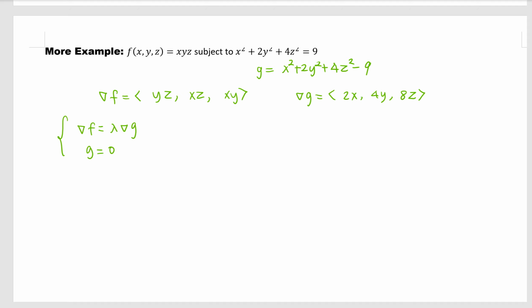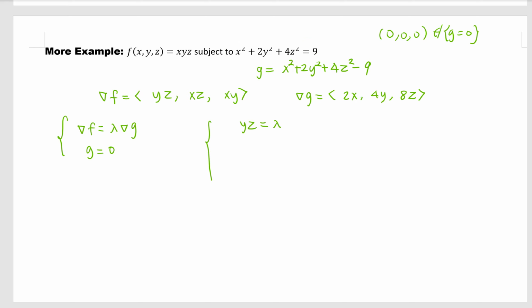Last time we talked about how if the gradient of G is 0, we could have singularities, but you can see here the gradient of G is only 0 at the point 0, 0, 0, but 0, 0, 0 is not on the surface G equals 0. So in this case, all the possible maximum and minimum values should be included in the solution of the Lagrange system. Okay, so let's see.